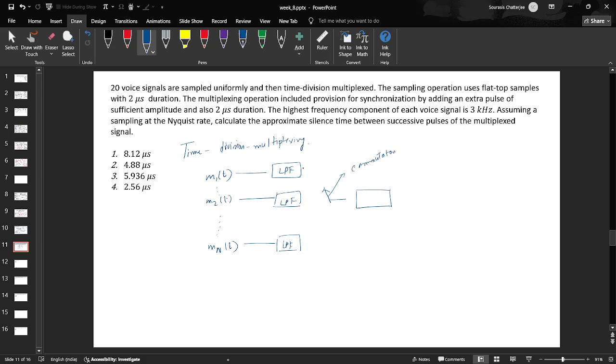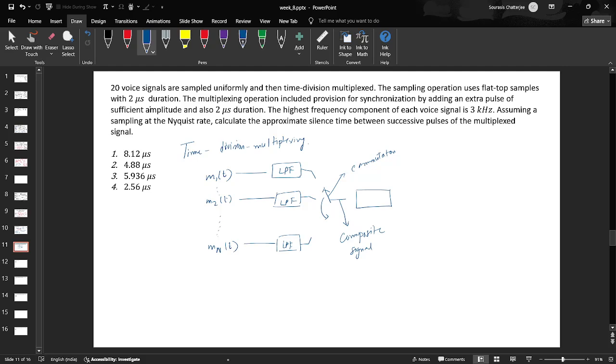So the idea is that each signal has its own channel, and what does the commutator do? It picks samples from all of these, m1, m2, up to mn(t), at the same time. So here we get a composite signal, right? The composite signal that is being talked about in the question.